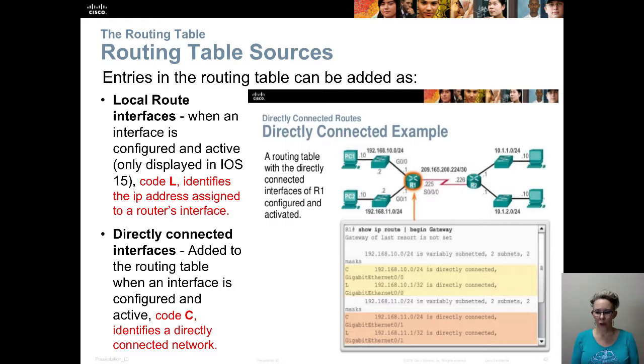If you notice on this topology, there are no networks of a 72. Therefore, it will not be in its routing table. That packet will get dropped because a gateway of last resort has not been set. There's no route to help that packet get out. It will just get dropped.